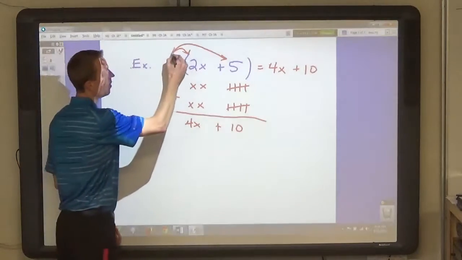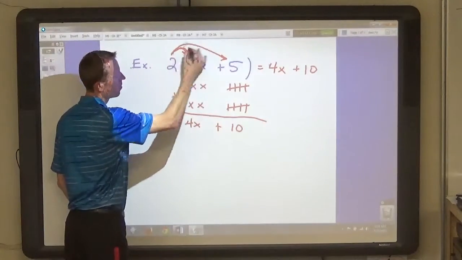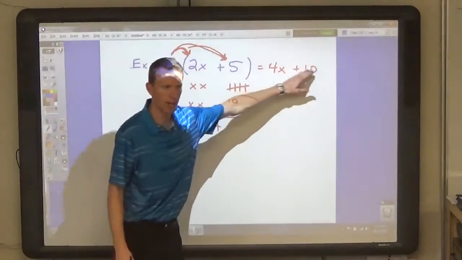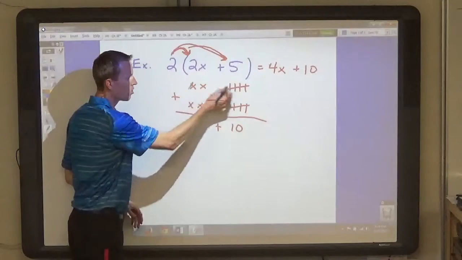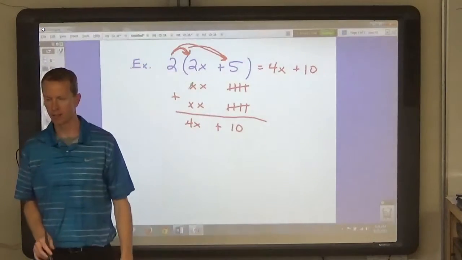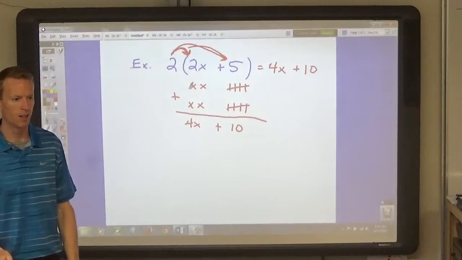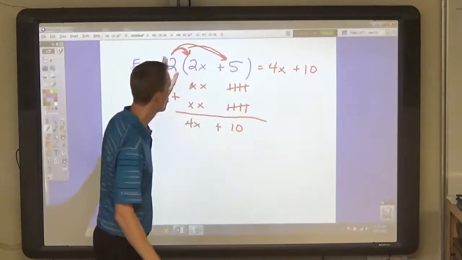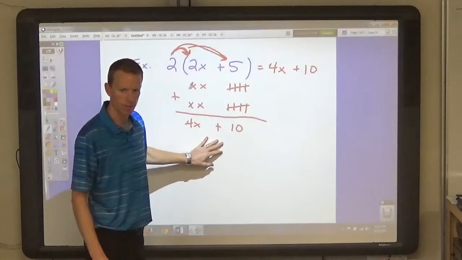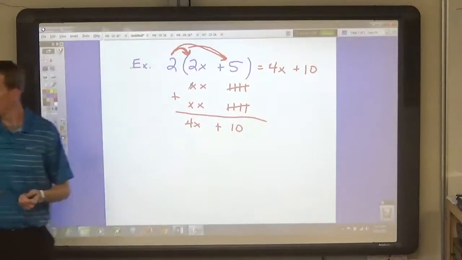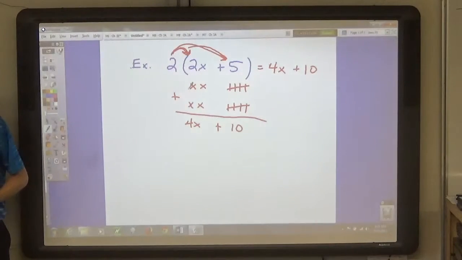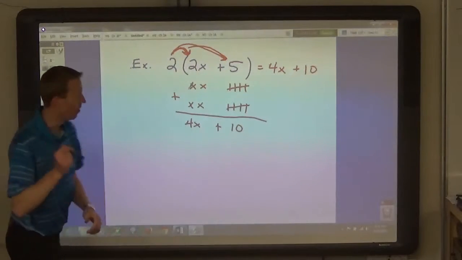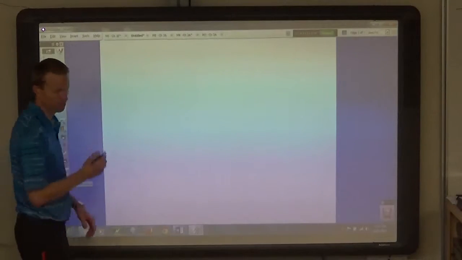You can either show it by drawing an arrow to both terms inside of the parentheses and then writing the answer, or you can draw it out and add them together. Okay? But you can't just write this. You have to show it one way or the other. Okay? So let's start your assignment. Oh wait, no, let's do one more with a subtraction term.